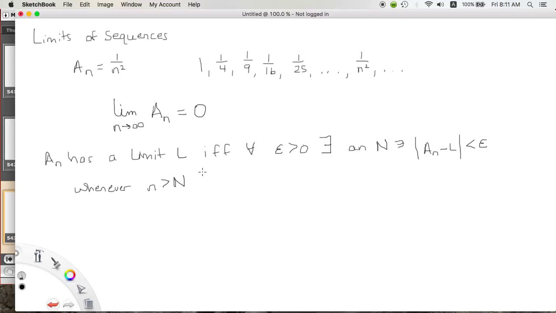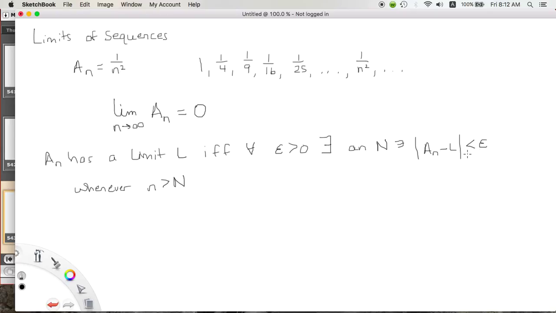Alright, so that's a lot of mumbo jumbo. What does that mean? Well, it means that if you have this limit L, then the difference between your terms and this limit L is a tiny little number epsilon when you get big enough. So when your term is far enough along the list, you can subtract your limit from the term and you're going to get it smaller than this tiny little thing.